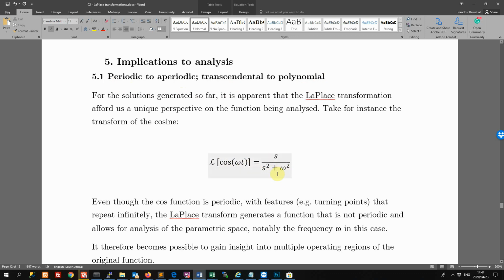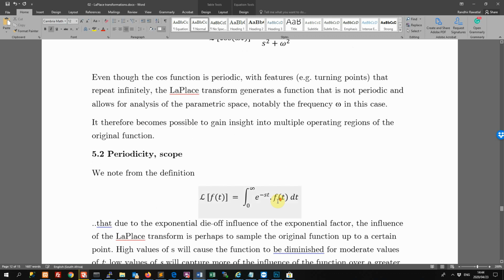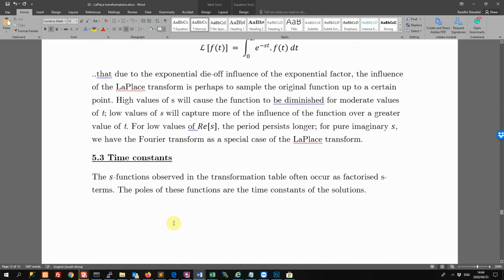Whereas here you can see this is going to saturate at some point, so you are changing the periodicity of the function during this transformation, and we anticipate that may have some benefits in terms of transforming and analyzing our equations.